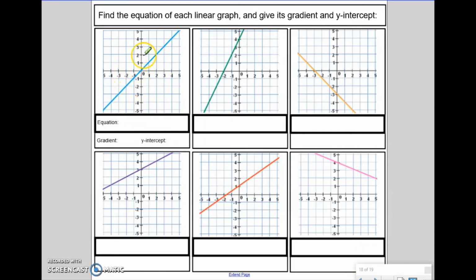So from the visual graph, I want you to work out its gradient and y-intercept, its m value and its c value, and then put them together in the correct order to give me the equation of each line. Could you pause the video and have a go at finding the equation of each line now?